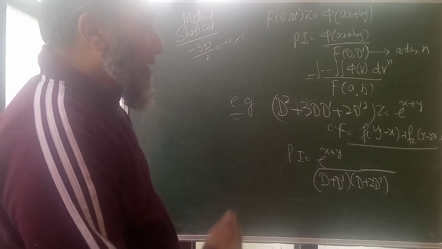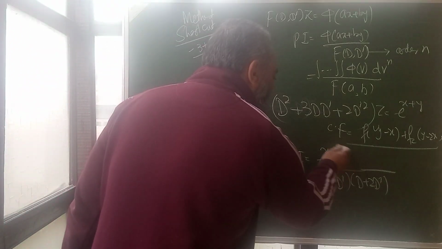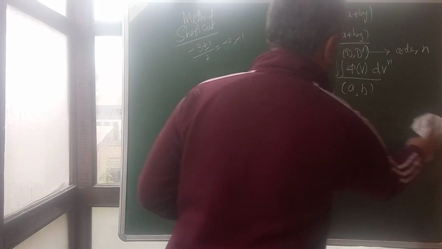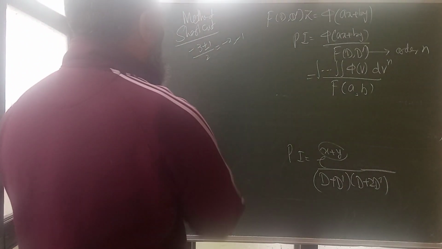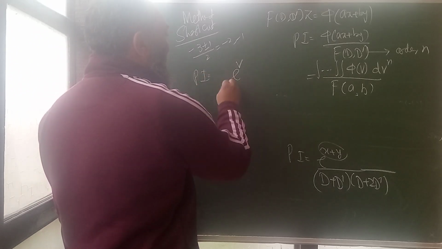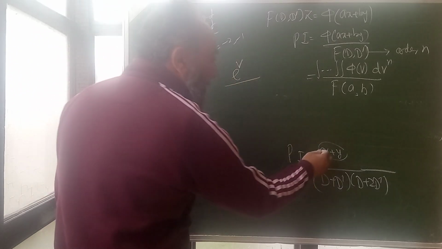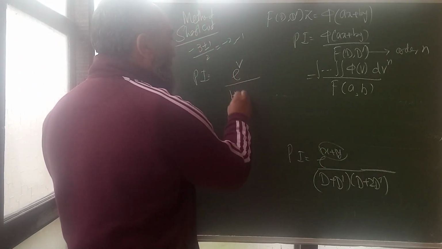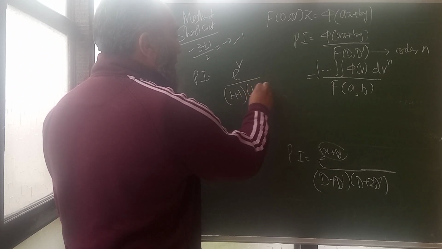What I am saying is that you have to take it as one function. Particular integral is e to the power v. Replace D by a. This is ax plus by. a is 1, b is 1. D by 1, D' by 1.